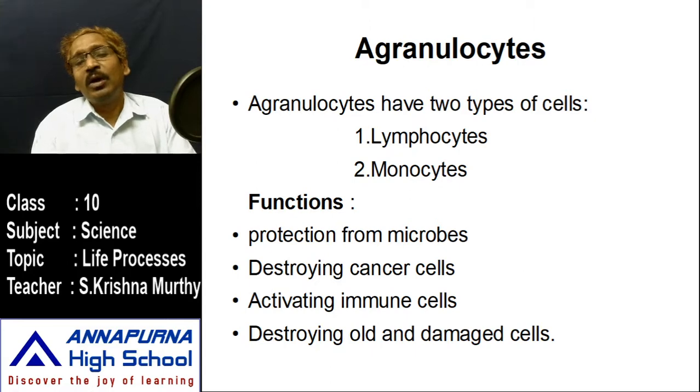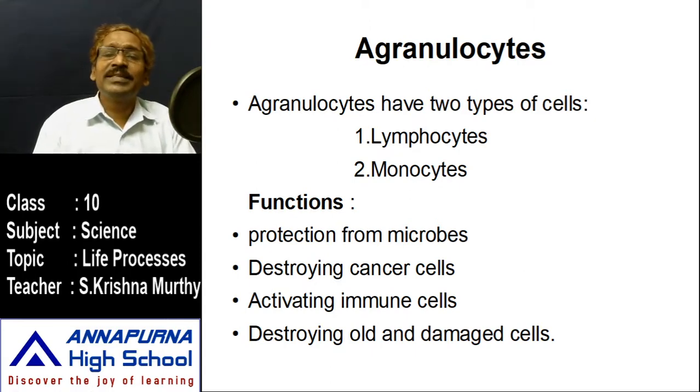We know our body cells have some lifespan. WBC has only 12 to 13 days of lifespan. After 13 days the white blood cell should die, and red blood cells also die after 120 days. That is the lifespan of RBC.